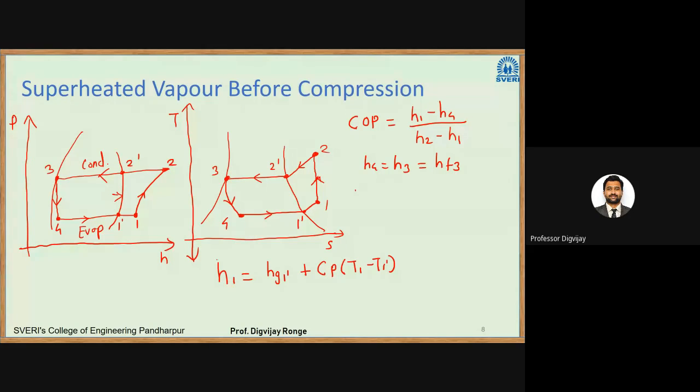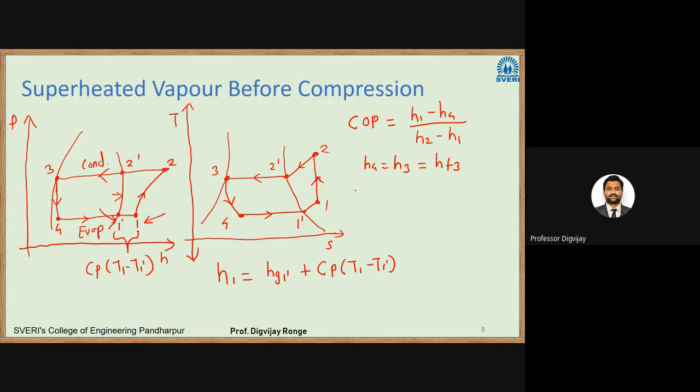By looking at the diagram also you can get the idea. If you see here, between 1 dash and 1 there is some difference of energy, and this difference of energy is nothing but Cp delta T, that is Cp into (T1 minus T1 dash). So the enthalpy at point 1 will be the enthalpy at point 1 dash plus Cp delta T: H1 equals Hg1 dash plus Cp into (T1 minus T1 dash).